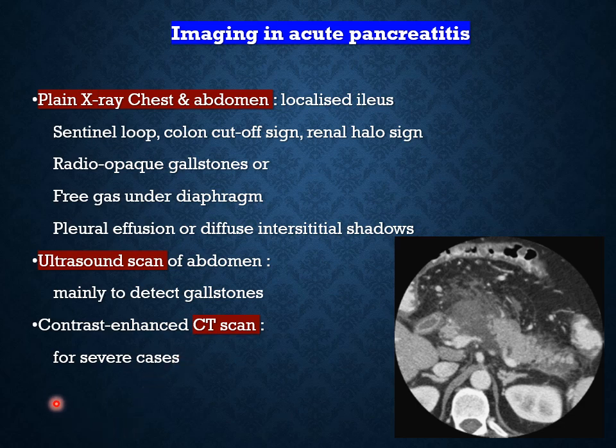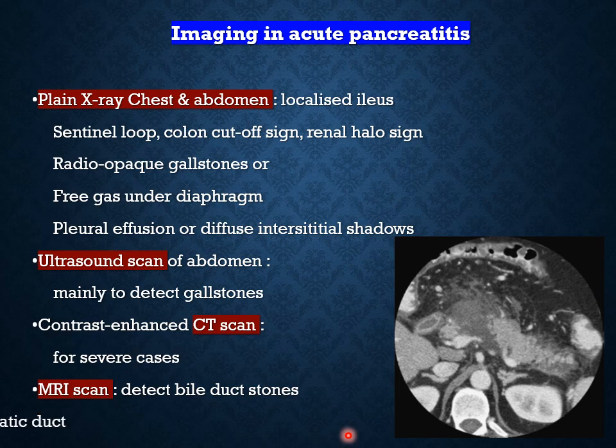MRI scans may be used in the initial stages when the patient is not fit for other interventional procedures, so you can do MRI to detect bile duct stones and the situation of the pancreatic duct. And the last one I told you is the EUS, endoscopic ultrasound, which gives us closer imaging of the CBD and the pancreatic ducts.